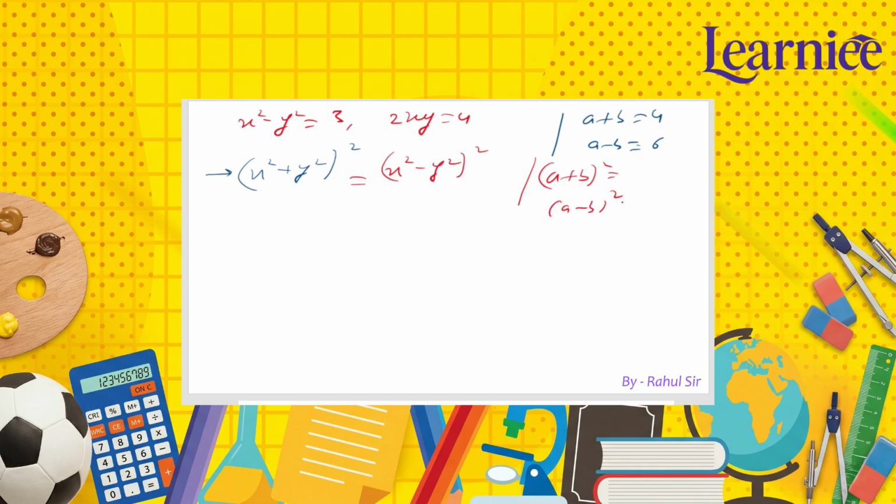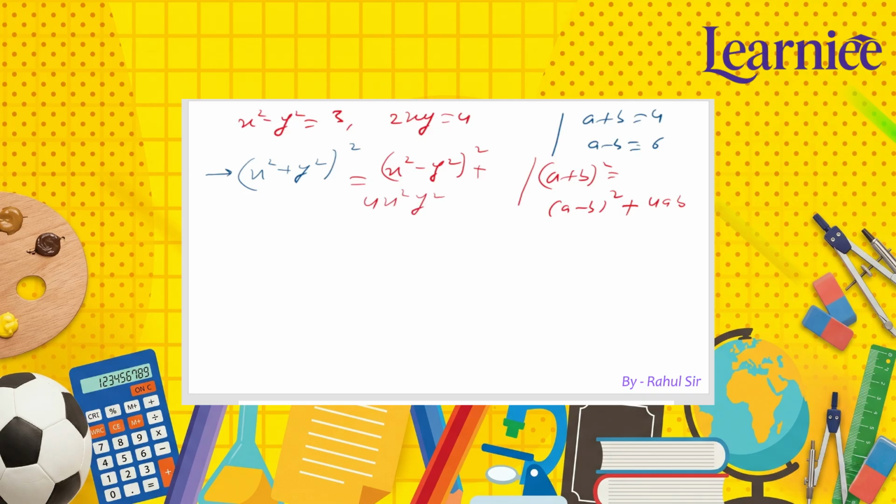So I have to add a square minus b square plus 4ab. Same here we apply: (x square plus y square) square is equal to (x square minus y square) square plus 4x square y square.